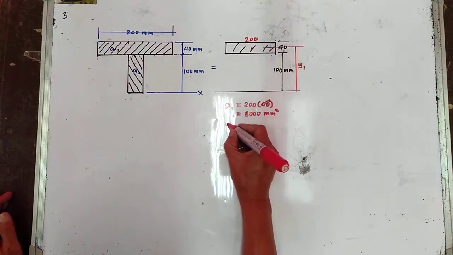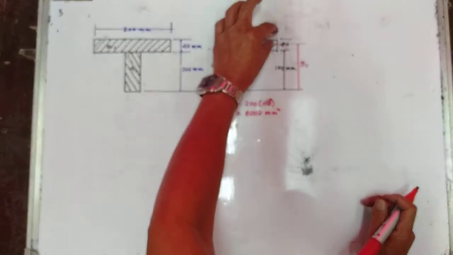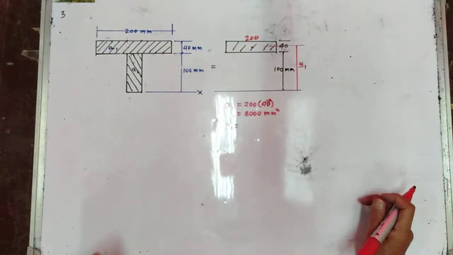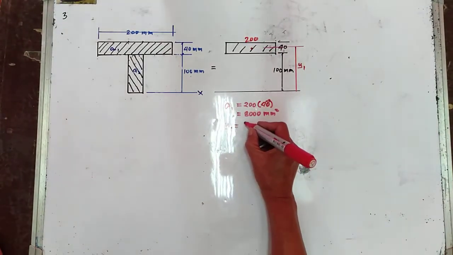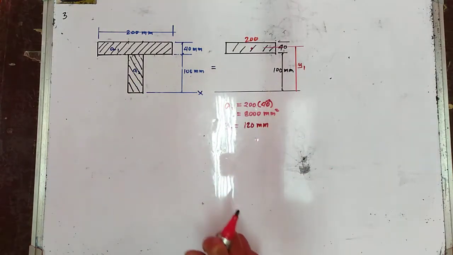And your y1 is now equal to 1/2 of 40 is 20 plus 100, and therefore it is equal to 120 millimeter.